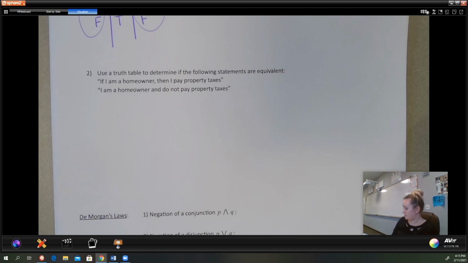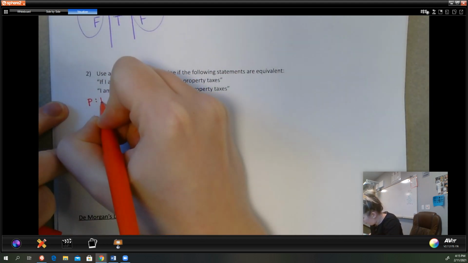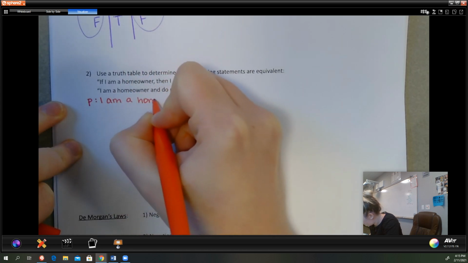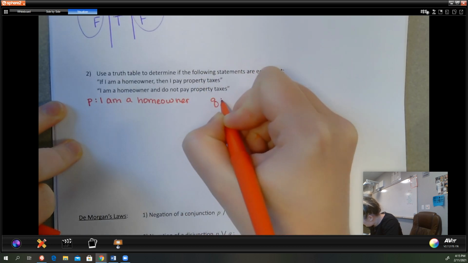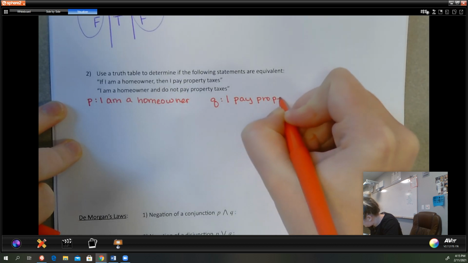So are those equivalent? Let's get some P's and Q's out here. We're going to say P is I am a homeowner. Q is I pay property taxes.